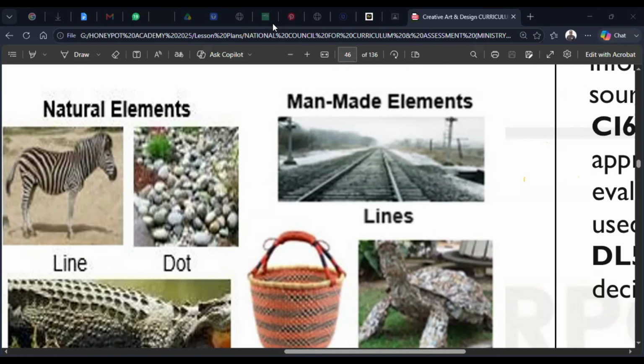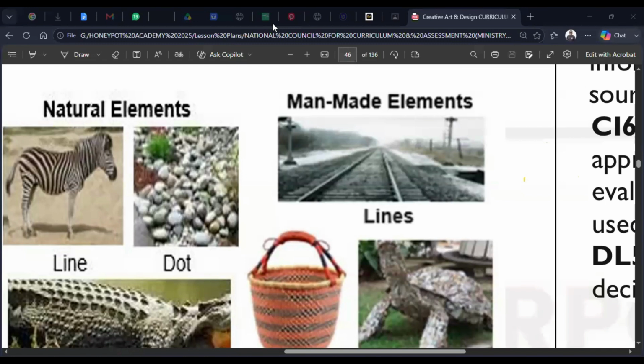Artificial element. Leonard again, artificial elements or man-made elements. Okay, he doesn't remember the third one. Joel Kekeli, apart from what Leonard said, what other name do we give to them?